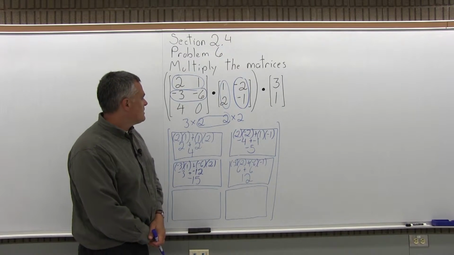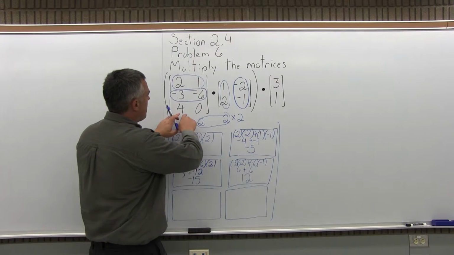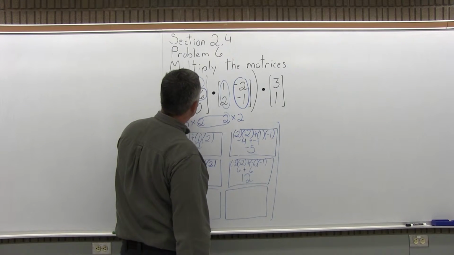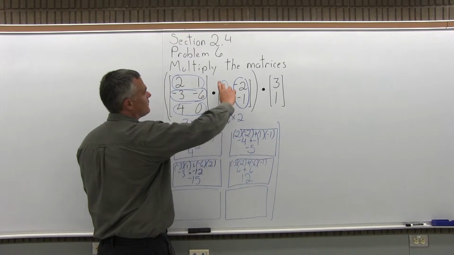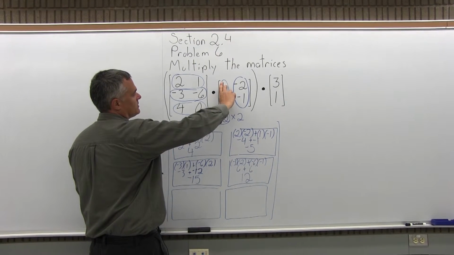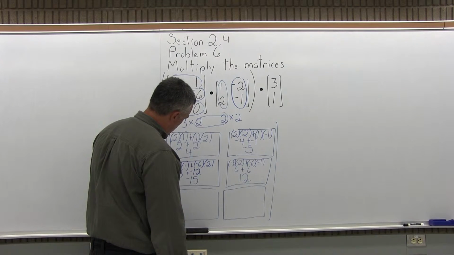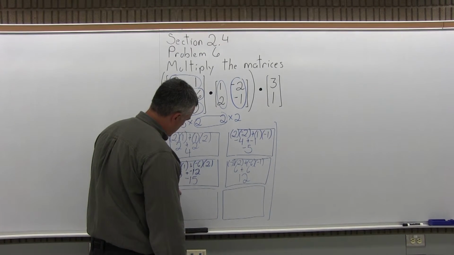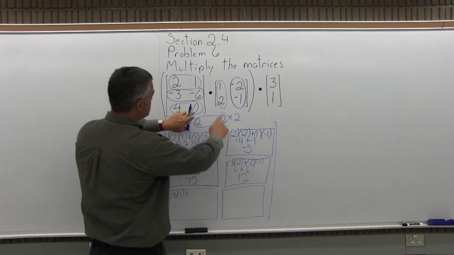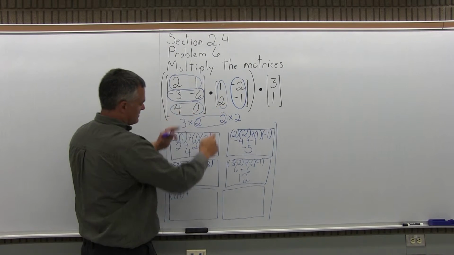So now finally across the bottom, I'm going to multiply the bottom row of the first matrix, 4, 0, times the first column of the second matrix, 1, 2. And when I do that, first times first, 4 times 1, plus second times second will be 0 times 2.